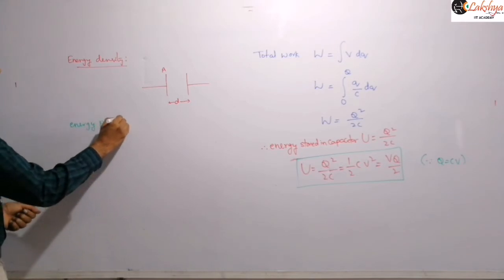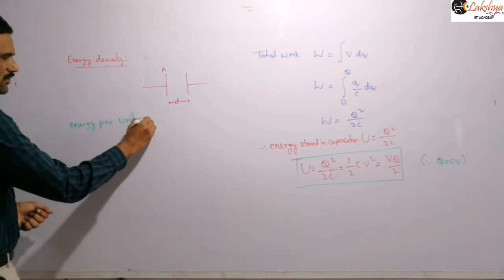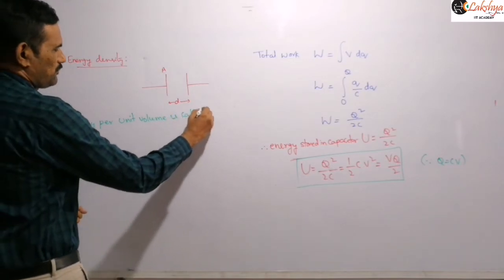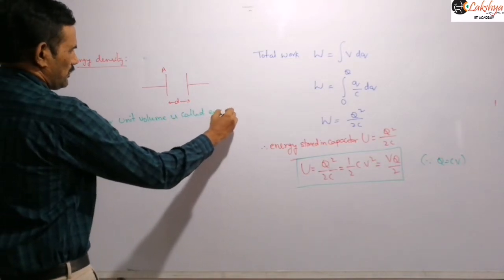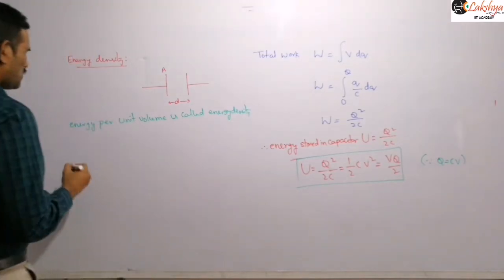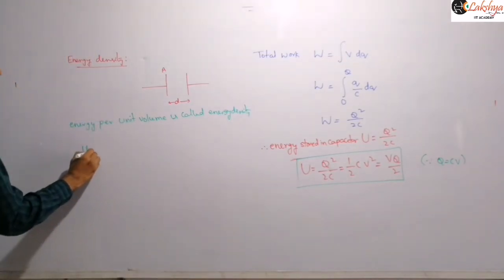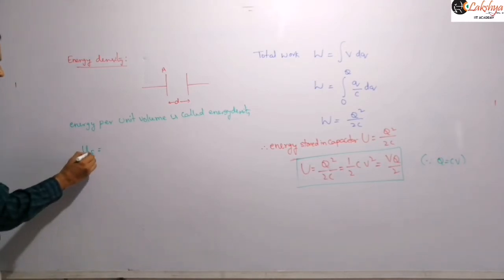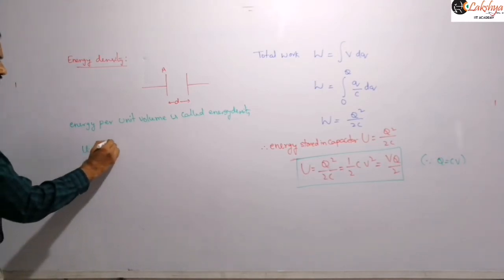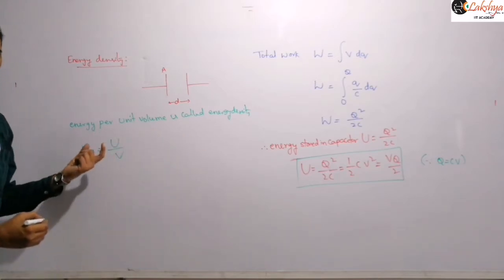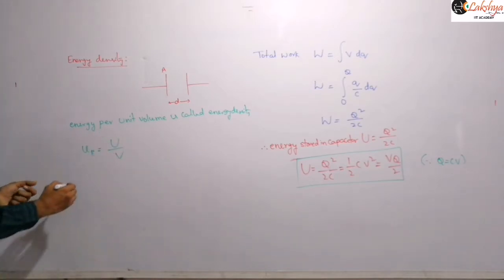So energy per unit volume is called energy density, right? And so therefore this electrostatic energy density we represent with UE, or simply you can represent with a small u. And so this is nothing but U by V, total energy divided by volume, you can write here.